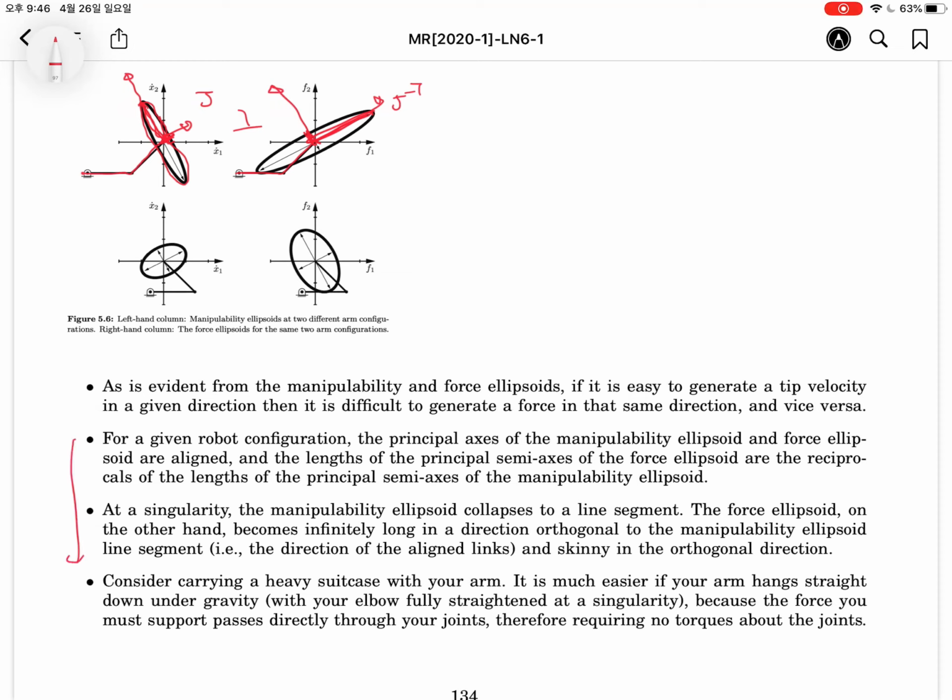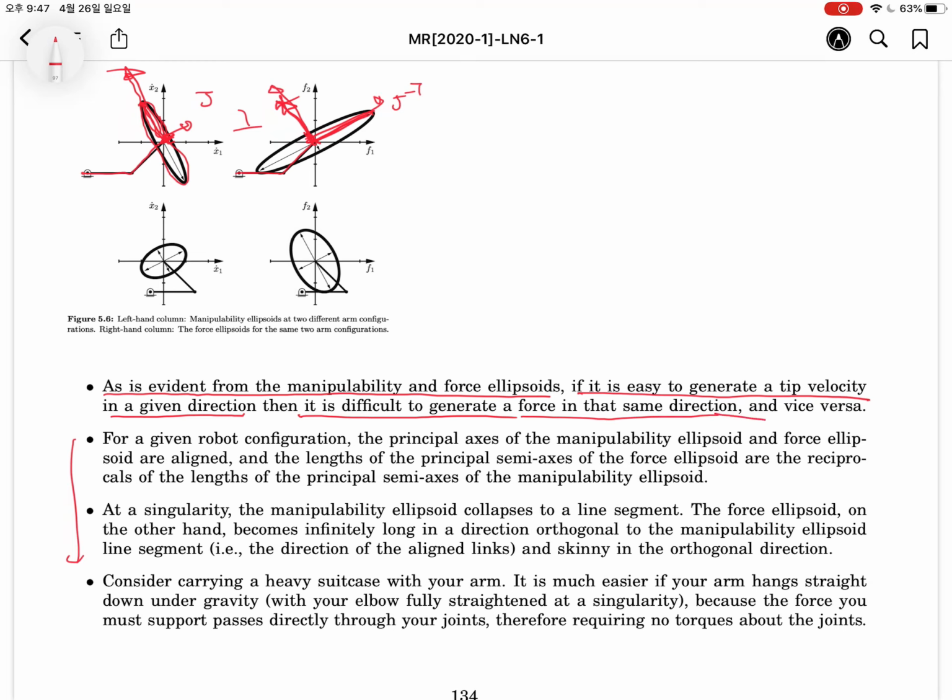Okay, let's read this full concept or the summary. As is evident from the manipulability ellipsoid and the force ellipsoid, if it is easy to generate a tip velocity in a given direction, it's very easy in this direction. At that time, it's difficult to generate force in the same direction, because the force ellipsoid is orthogonal to the manipulability ellipsoid.